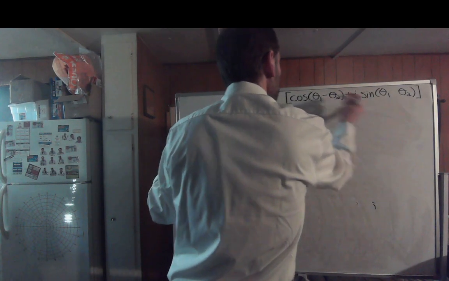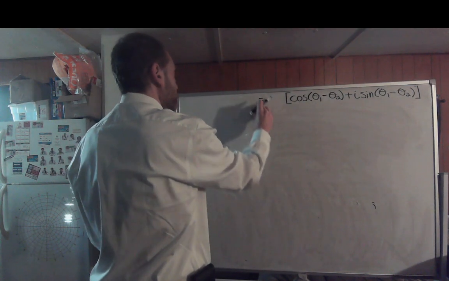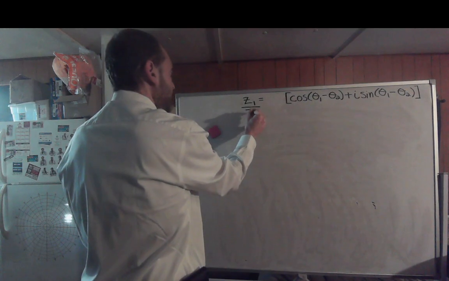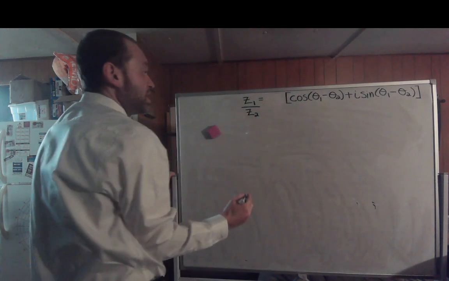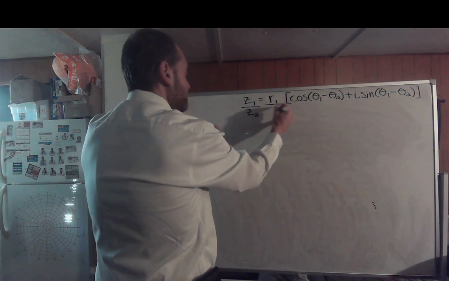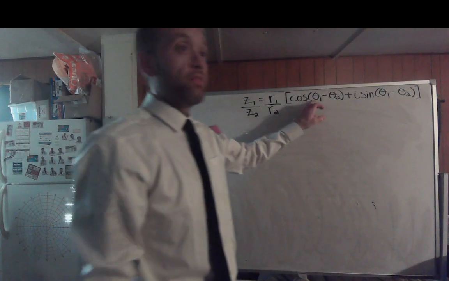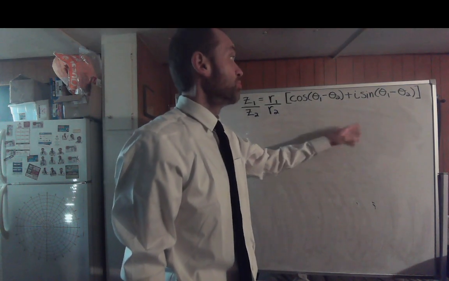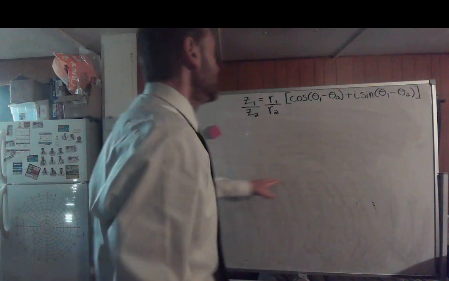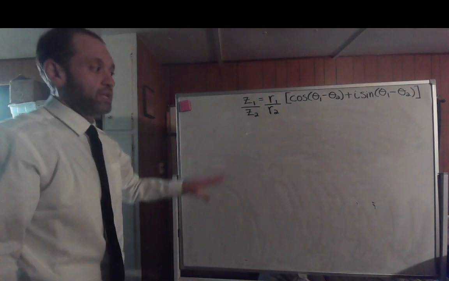Yeah, that'd be minus. Let's change this to reflect what we're really doing. All right. So if you're going to divide two complex numbers, it's the same thing as the first r divided by the second r times the quantity of the cosine of theta 1 minus theta 2 plus i times the sine of theta 1 minus theta 2. So it's a little bit different for dividing complex numbers.